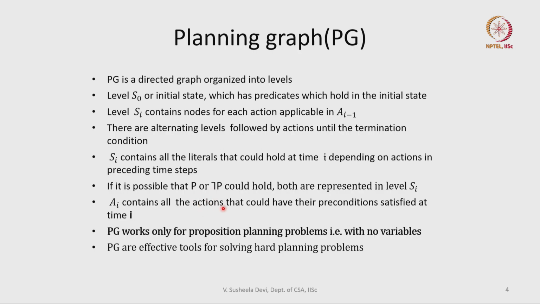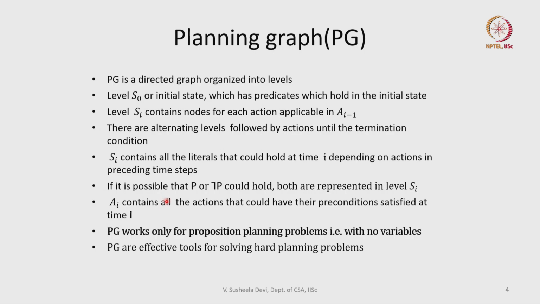And Ai will contain all the actions that could have the precondition satisfied in Si, right? So in Si, if you take the states in Si, if they satisfy the precondition of some action, then those actions will occur in Ai, okay?